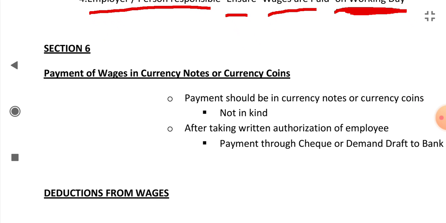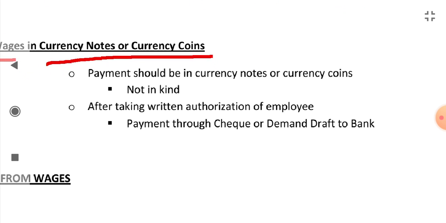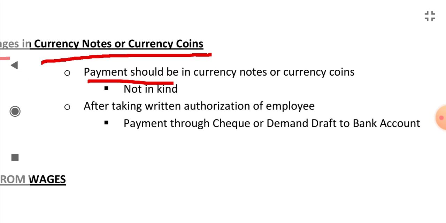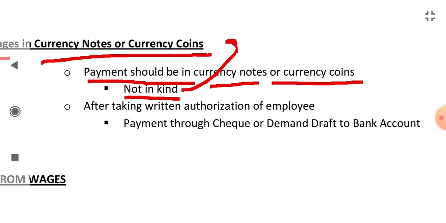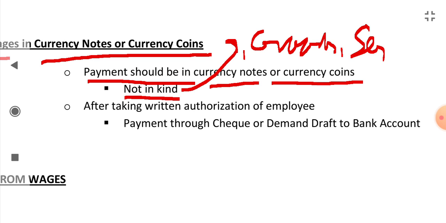Now comes section 6. Payment of wages should be in currency notes or currency coins, not in kind. Not in kind means not in the form of goods or services. If the payment is being done, it should be done in cash or in money form.